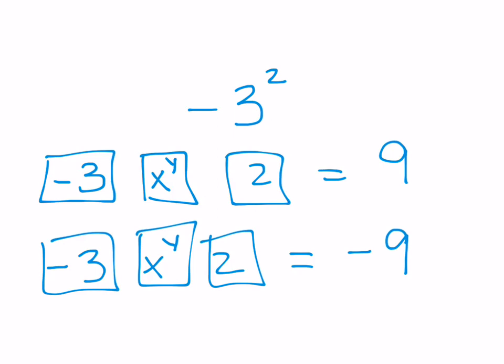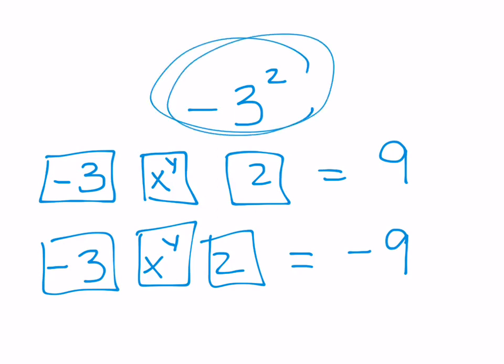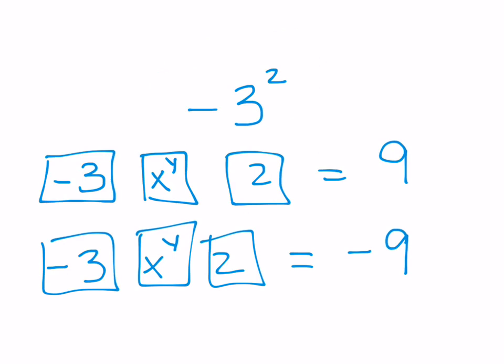Well, we need to talk about the notation here. It's not actually that this expression has two different values. It's just that one calculator is interpreting it differently than another calculator. All right, so when we see this notation, what's actually meant is we have a number at the base of the exponent, which is actually a 3, and we are supposed to square the 3, meaning do 3 times 3, and then go back and make this negative, or multiply by -1.